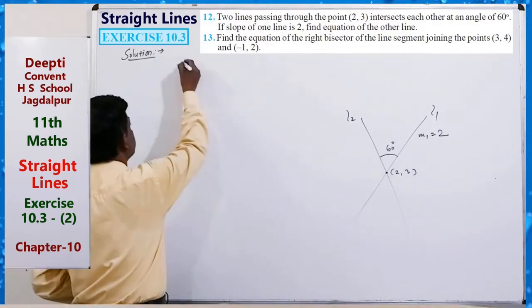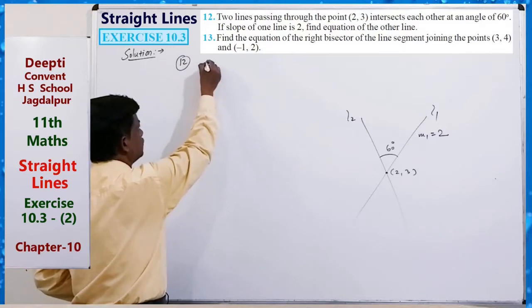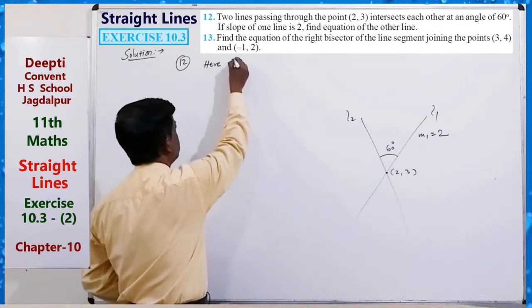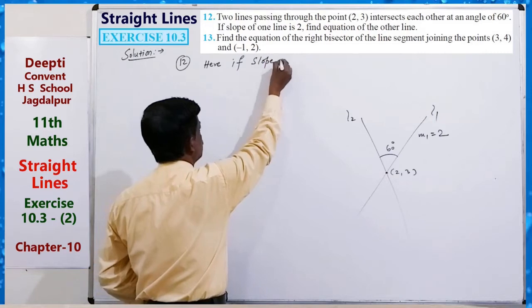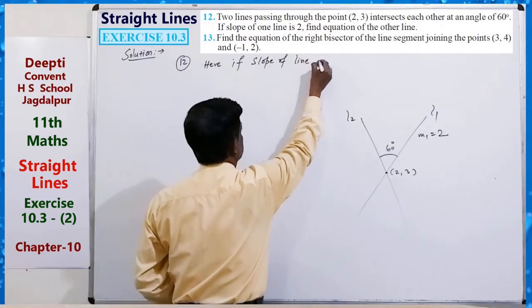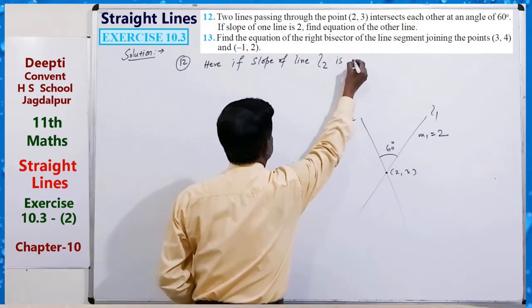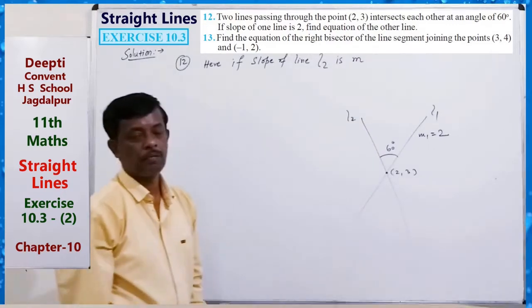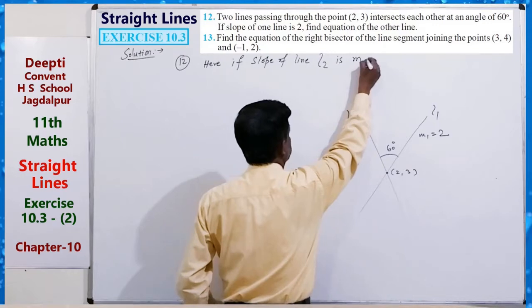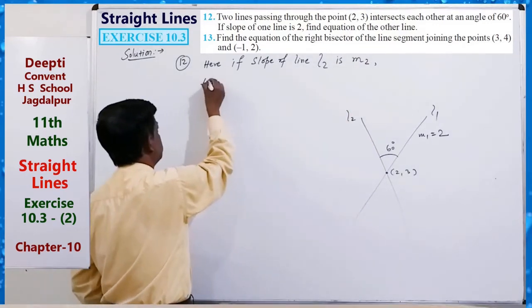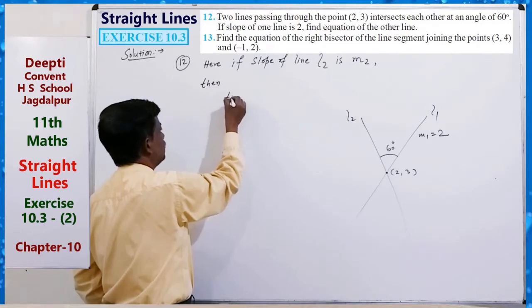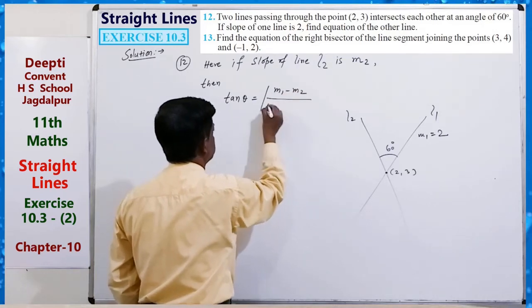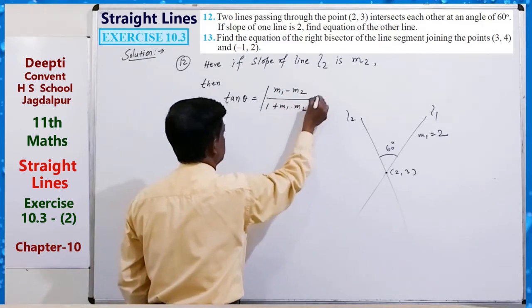So here, if the slope of line L2 is m, then tan theta equals m1 minus m2 upon 1 plus m1 m2. We can use this formula.